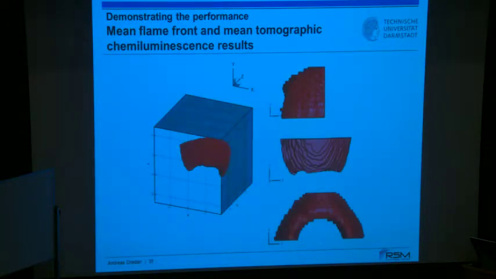However, here you see now a reconstruction of one single shot, and for the same flame we have also performed chemiluminescence measurements that have been tomographically reconstructed. I will not go into them. Instead, later on, I'll show you some ideas about LIF, more recent.